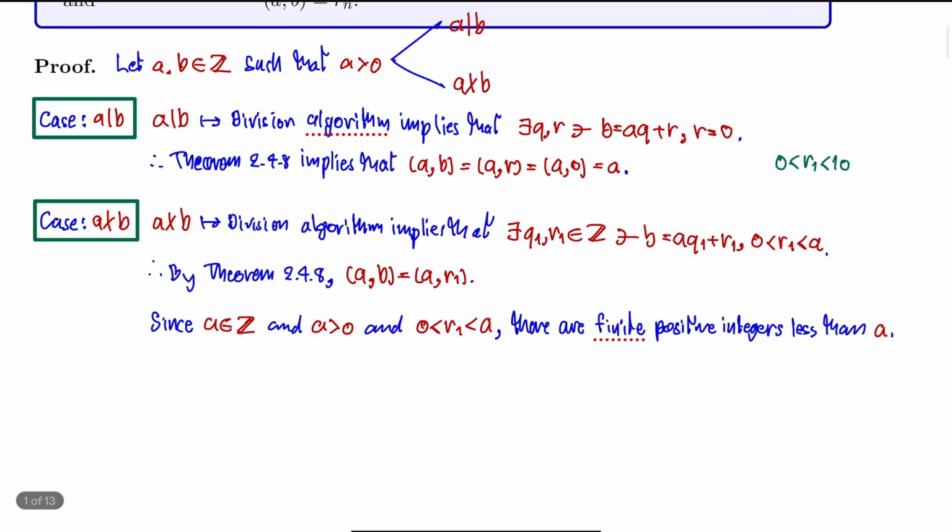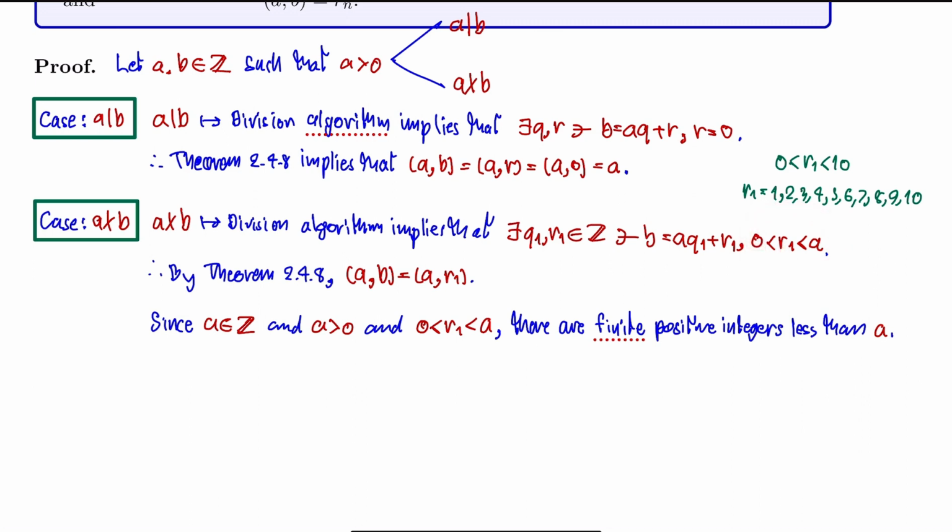R can be 1, 2, 3, 4, 5, 6, 7, 8, 9. But in this case, R1 is just less than A and greater than 0. So there must be a finite number of integers greater than 0 and less than A.